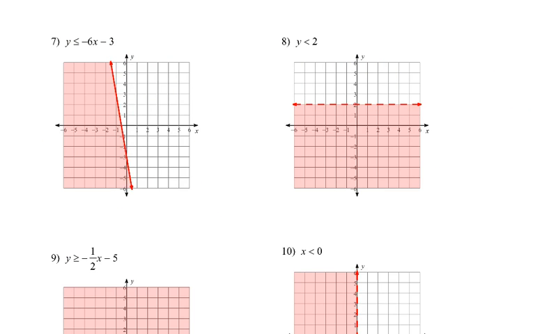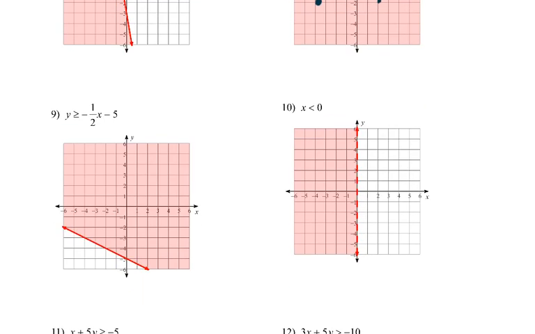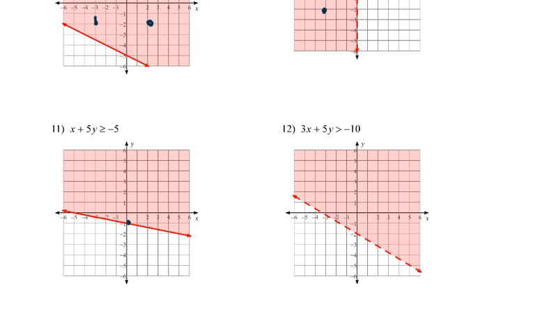So that's all we've got to do, just plot a point on each of these where there's a solution. It's pretty easy to tell when we have solutions and when we don't.